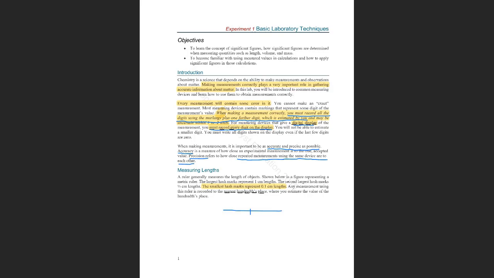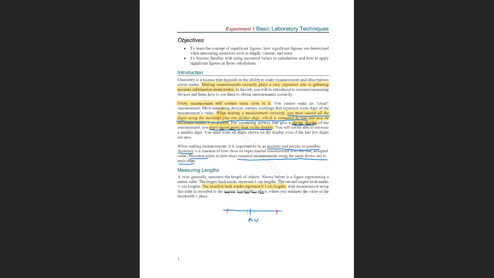If this is the accepted value, and you have a value far from the accepted value, or you have another value that is close, the value in green is going to be more accurate than the value in red.